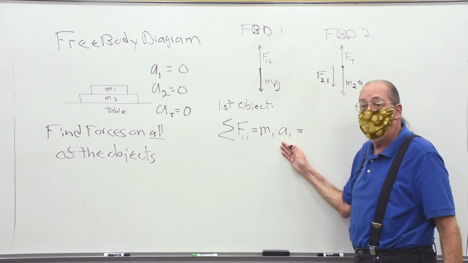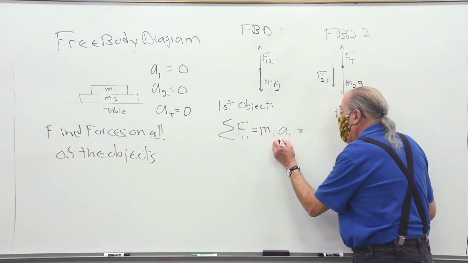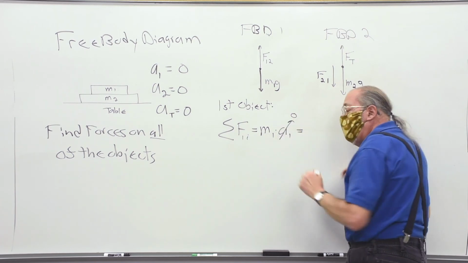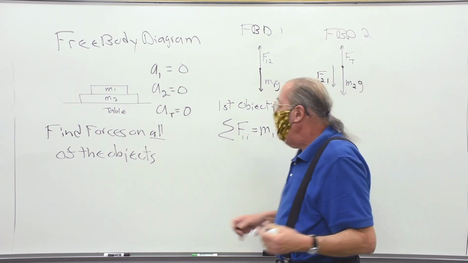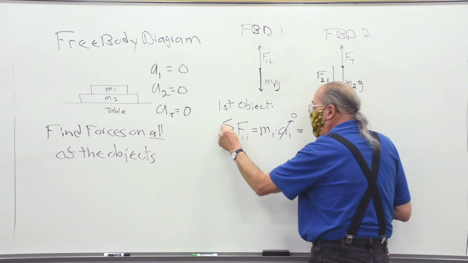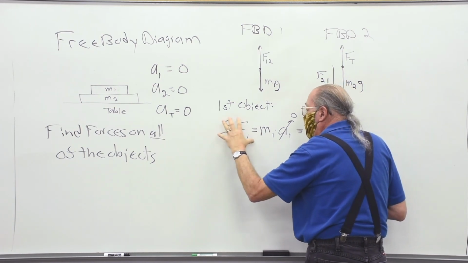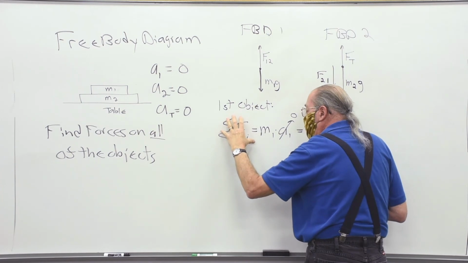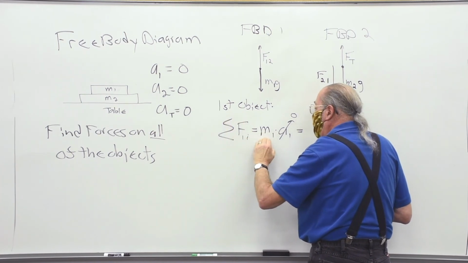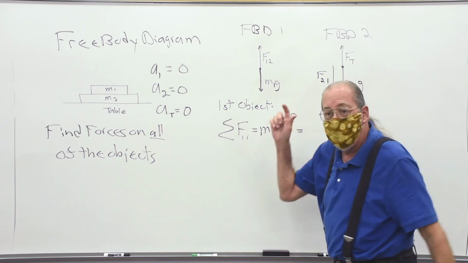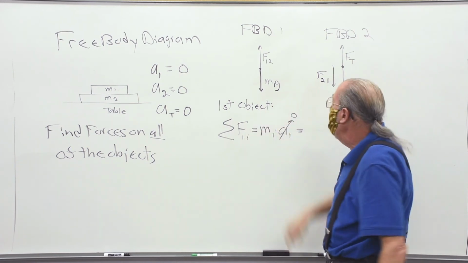What did we decide A1 was? 0. But it doesn't hurt to write it out just to make sure you didn't forget it. Now, this means sigma, sum. This means list all the components of the forces that are acting on the first object. That's what the free body diagram is for.